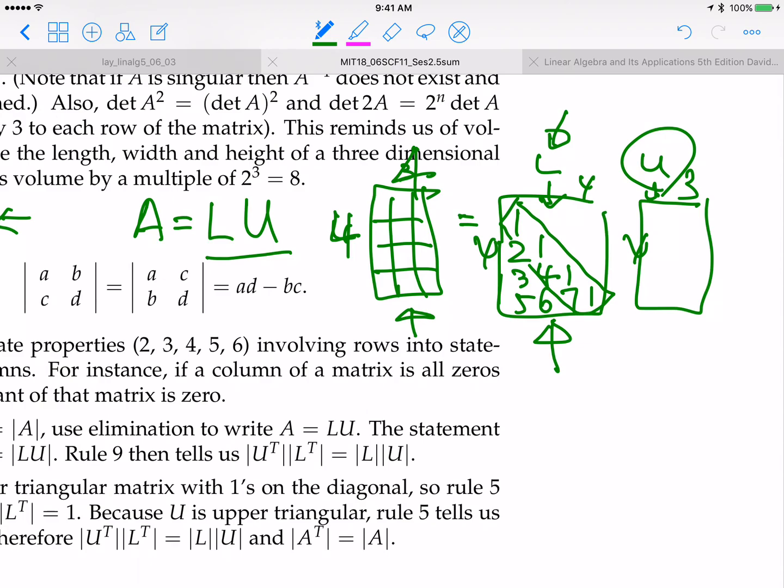Row replacement, right? There is no need for scaling and interchange. Row replacement doesn't change your determinant. And why? Can you prove that?